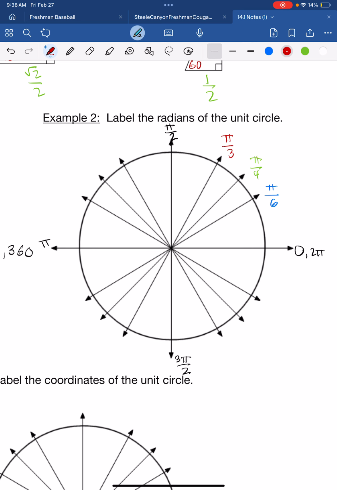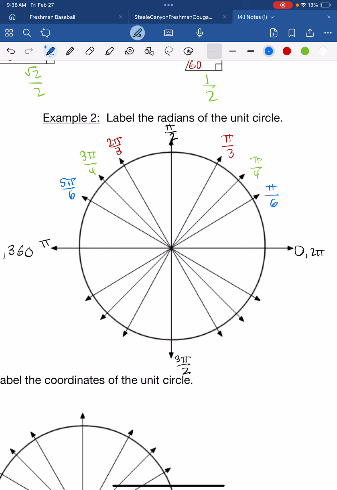So we have 6, 4, and then 3 in that order. On the other side, as we continue, it goes in reverse order. So this one right here will be 2 pi over 3. This next one will be 3 pi over 4. And then the one after that will be 5 pi over 6.